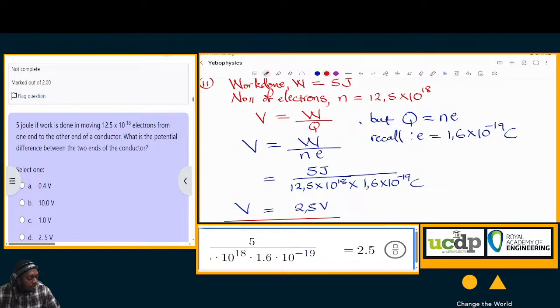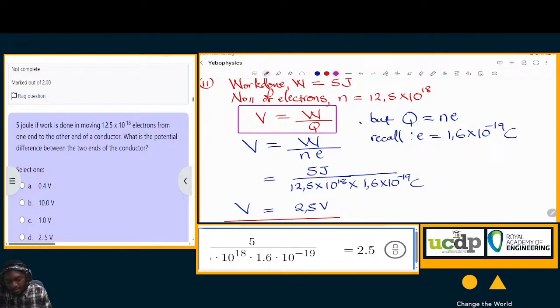So if you look at this problem, the main thing that you're supposed to recall here is the equation, knowing the definition of potential difference as the work done in moving a unit charge between any 2 points.